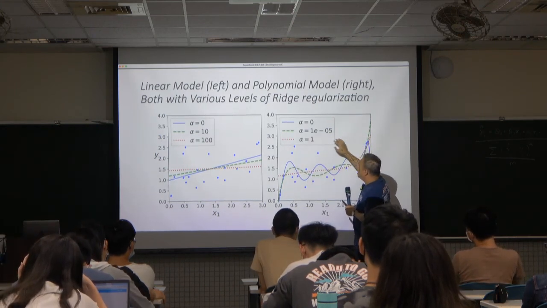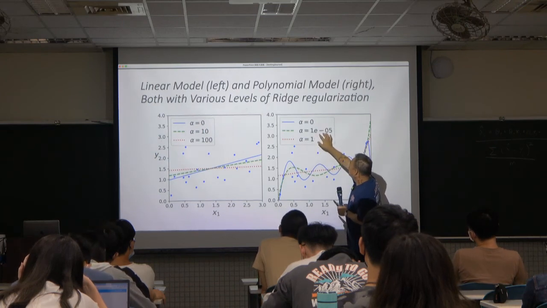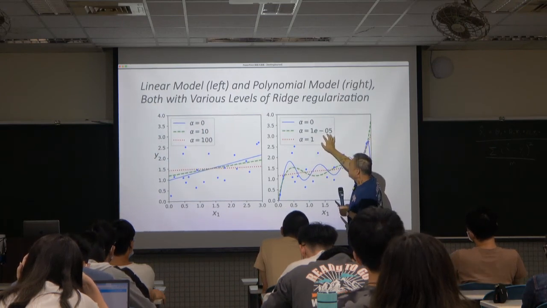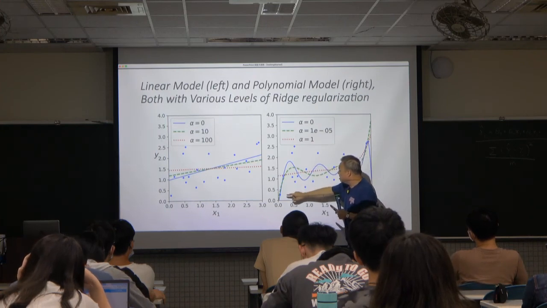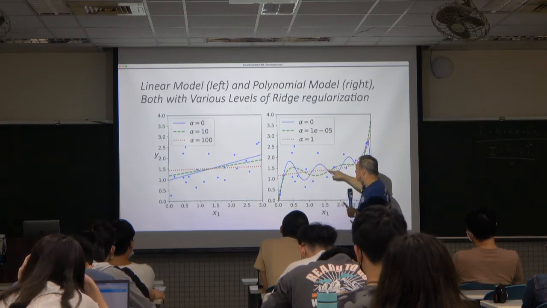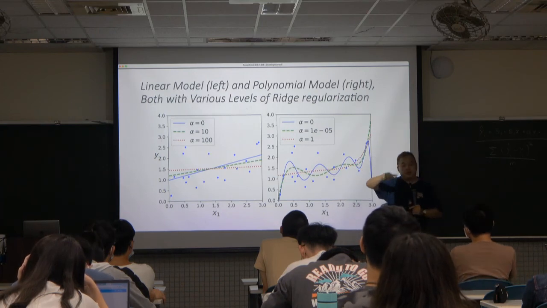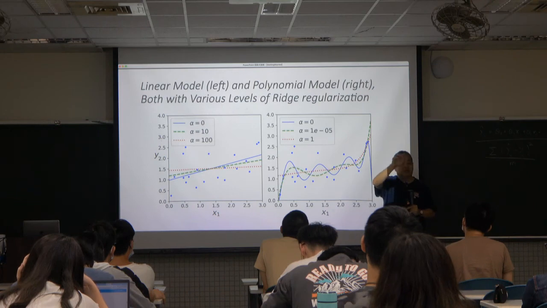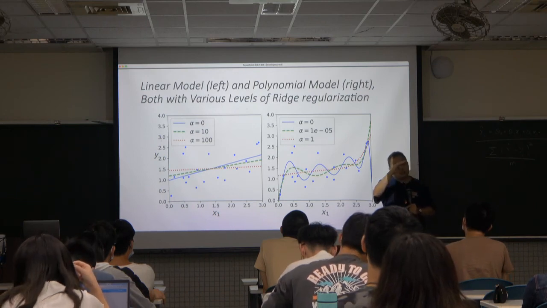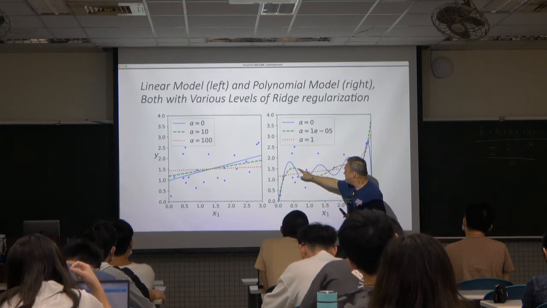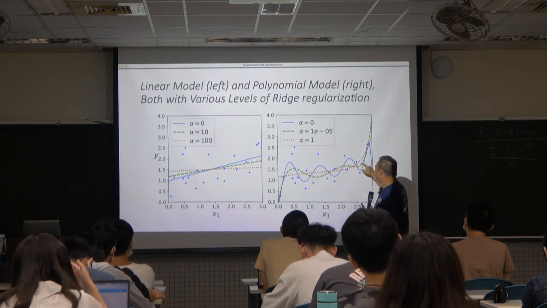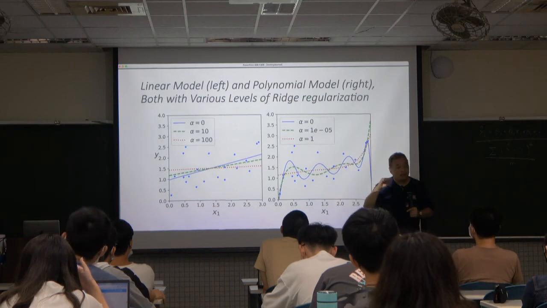But when alpha is only 10 to the power of -5, a very small value, you can see that the curve becomes less variable. It becomes much smoother.